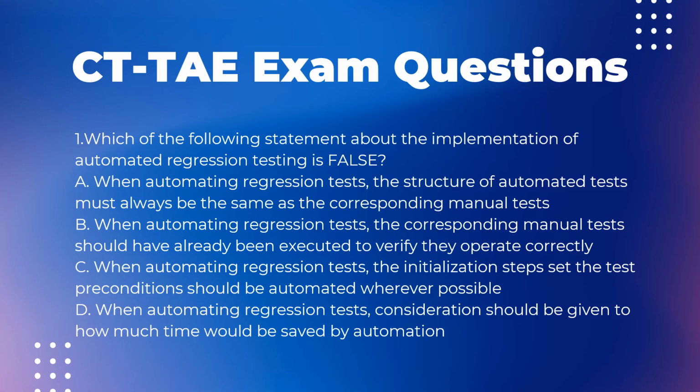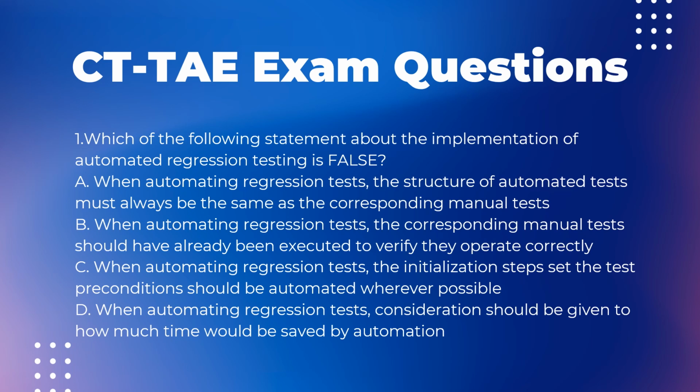1. Which of the following statements about the implementation of automated regression testing is false? A. When automating regression tests, the structure of automated tests must always be the same as the corresponding manual tests. B. When automating regression tests, the corresponding manual tests should have already been executed to verify they operate correctly.